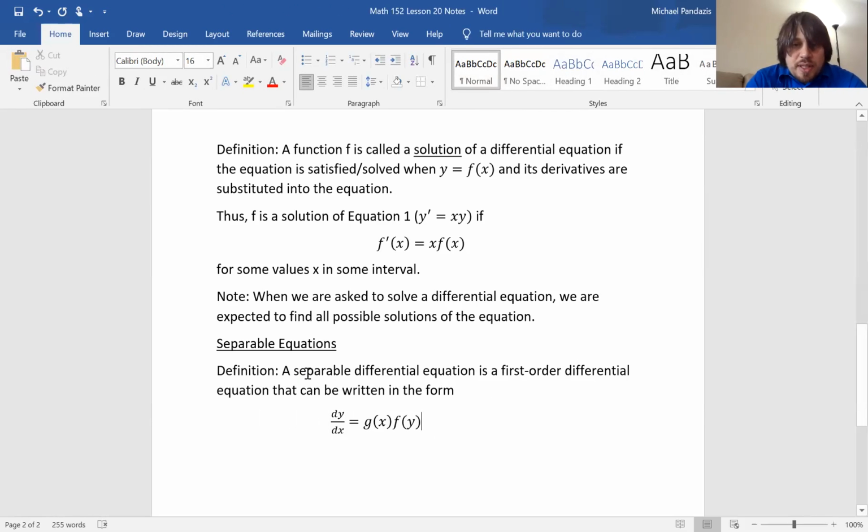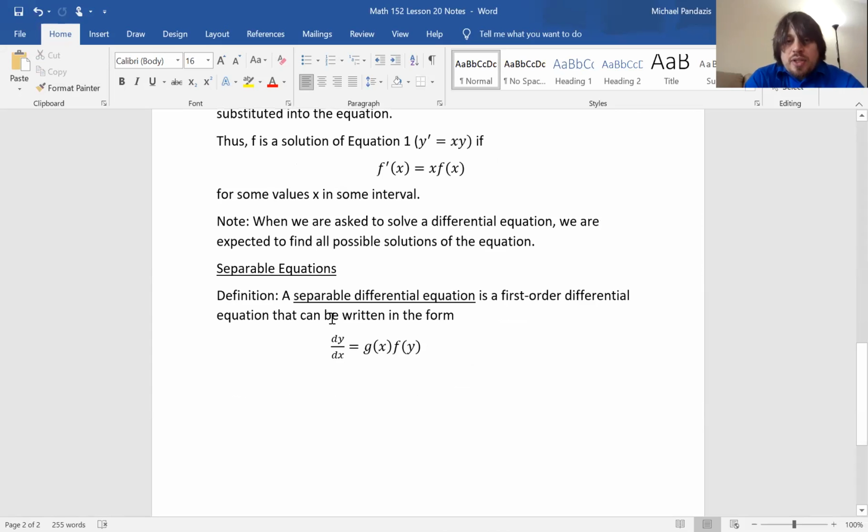Okay, so this is called a separable differential equation. If you can write your differential equation in the form the derivative of y is equal to g of x times f of y, then you have a separable differential equation.